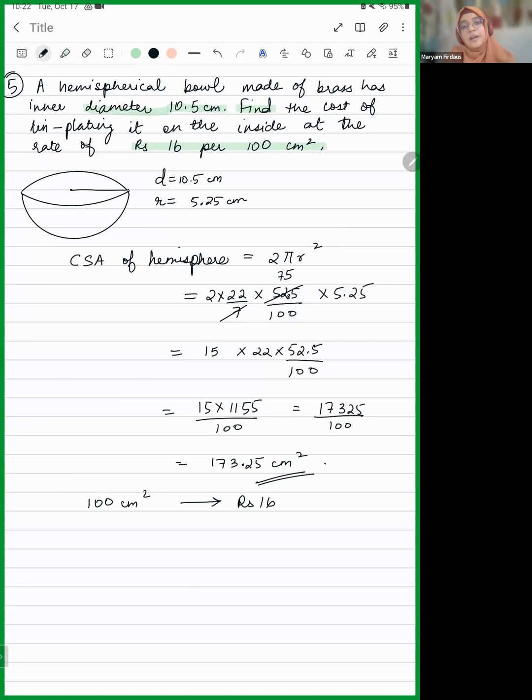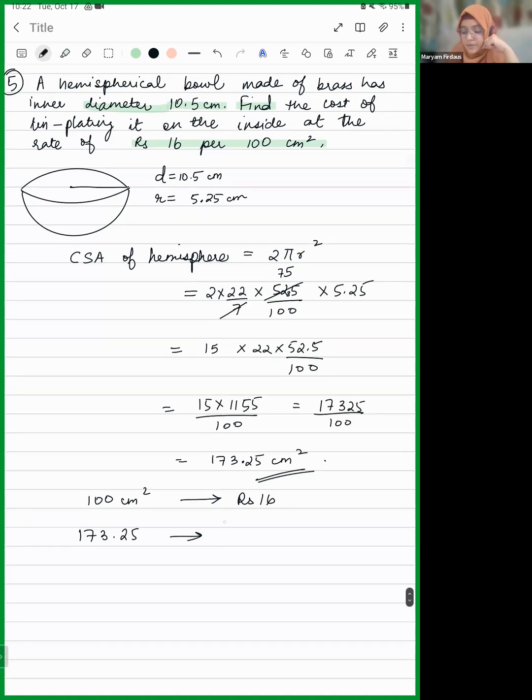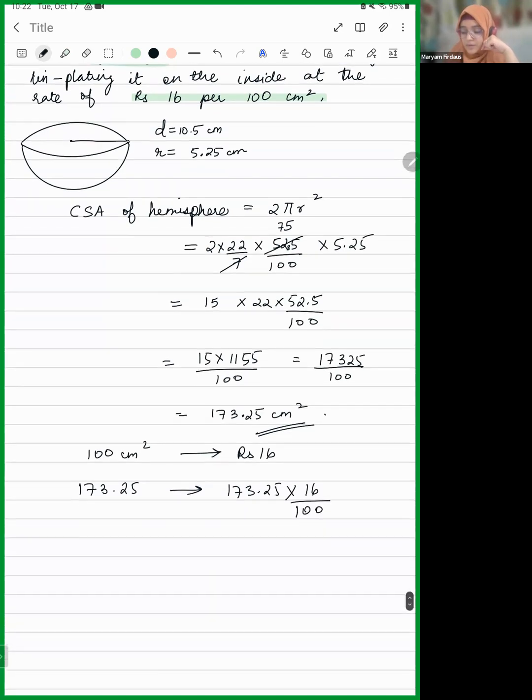Rupees 16 per 100 centimeters square, so 0.16 rupees for 1 centimeter square. So that is going to be 173.25 multiplied by 16 by 100. So find this out.